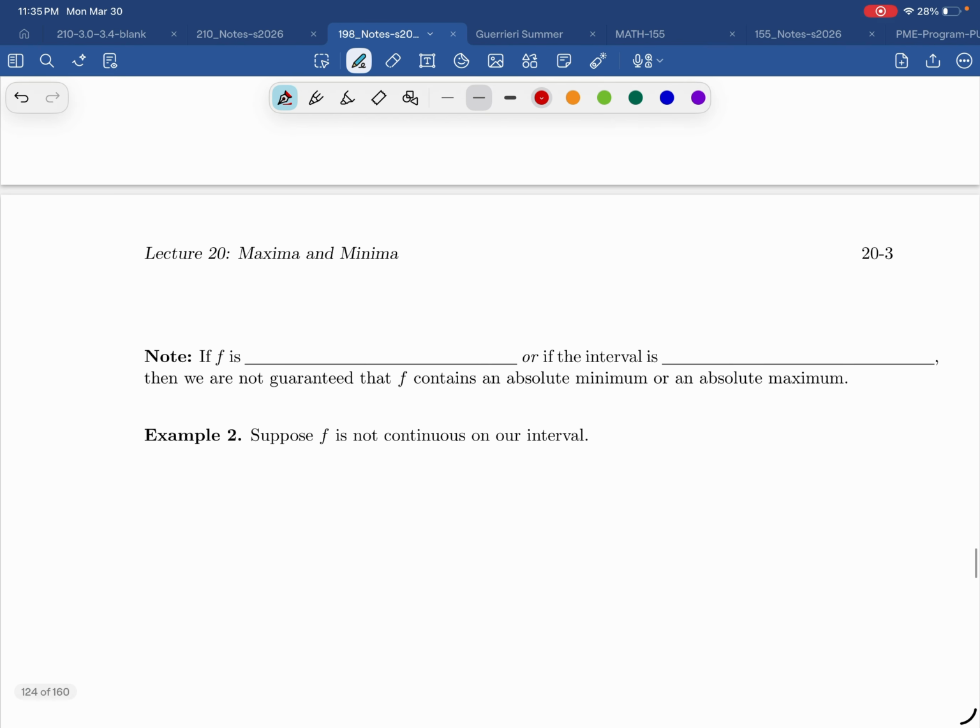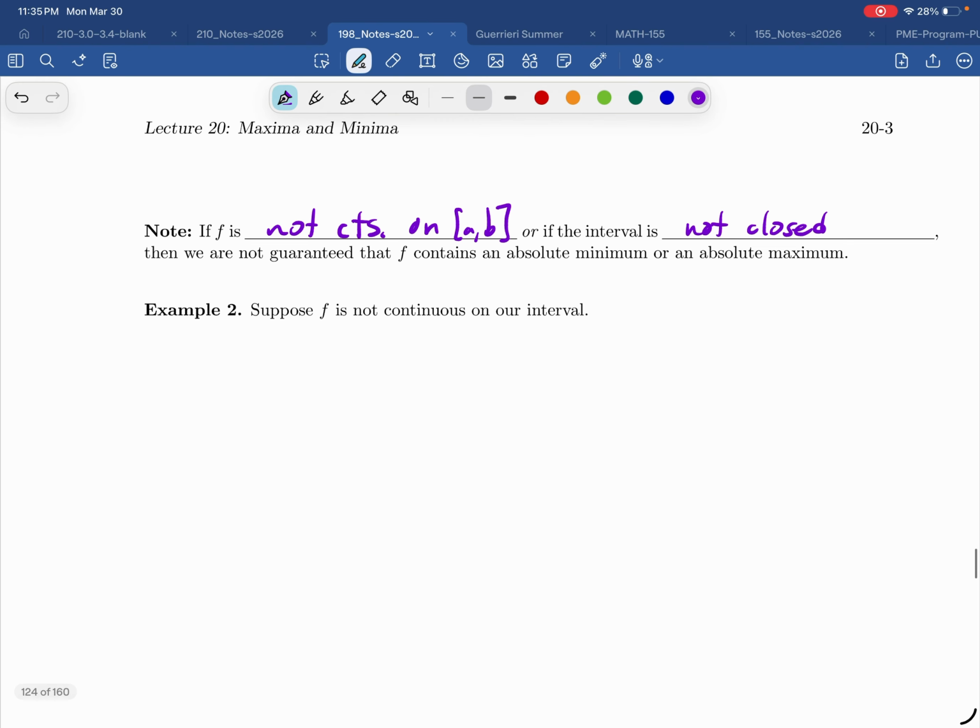Now, I just want to point out that if f is not continuous on the interval from A to B, or if the interval is not closed, then we're not guaranteed that f contains an absolute max or absolute min.